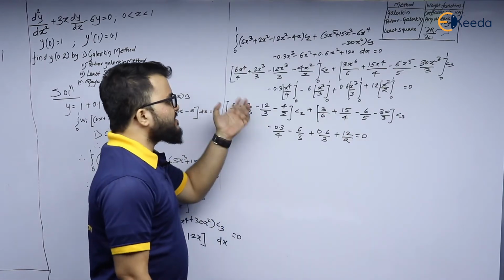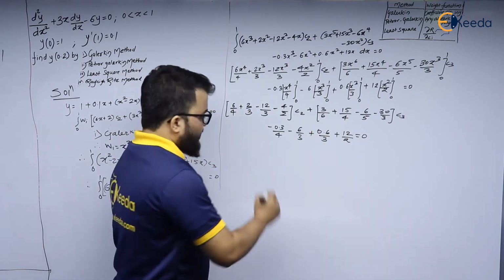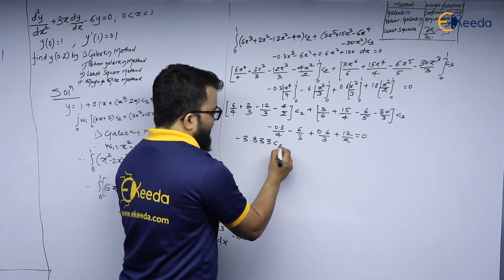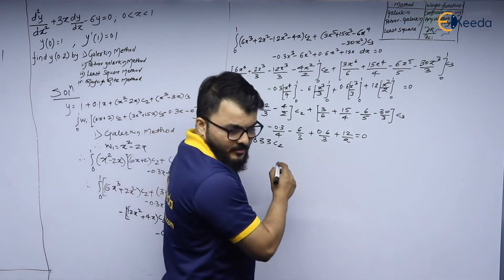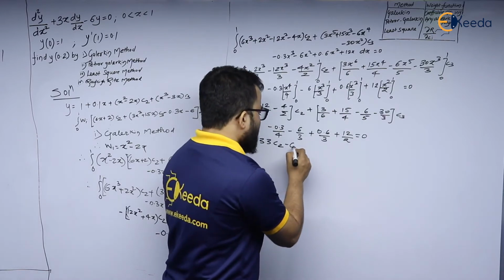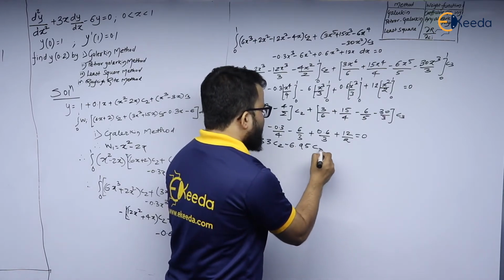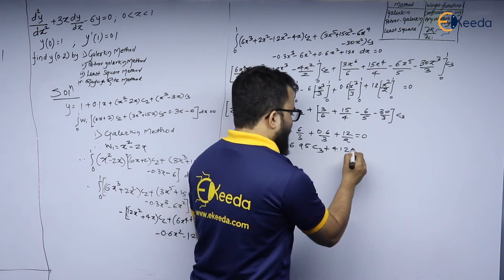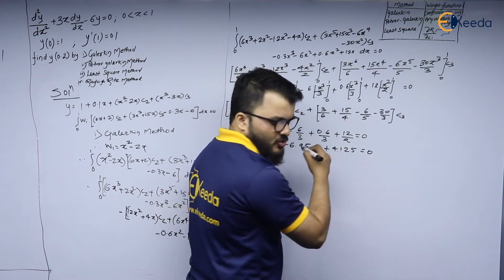So if I put this equation in the calculator, I will get minus 3.833 C2 minus 6.95 C3 plus 4.125 is equals to 0.